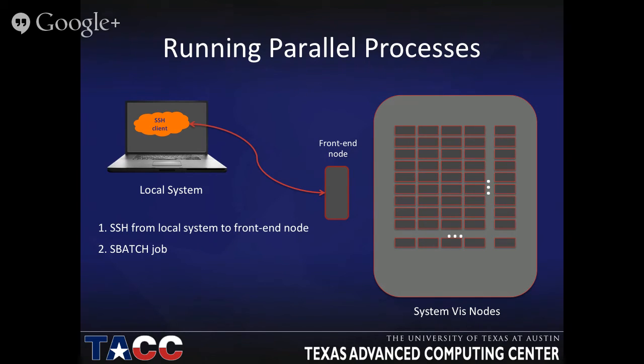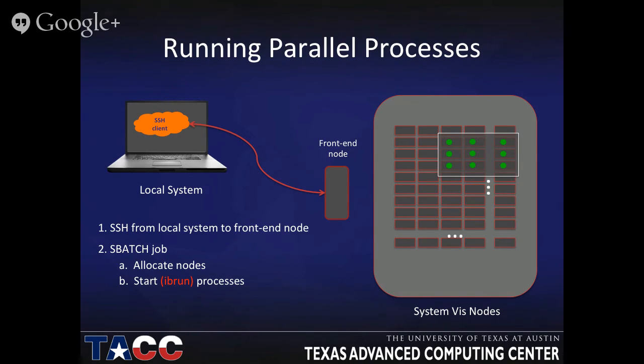The role of sbatching a job is first to allocate a bunch of nodes of the system, and second, to start jobs running on those nodes. So the typical way you start a huge simulation at TACC is that you write a little sbatch job script. And that job script is going to describe what nodes you want, how you want to run them, and what jobs you want to run on them.